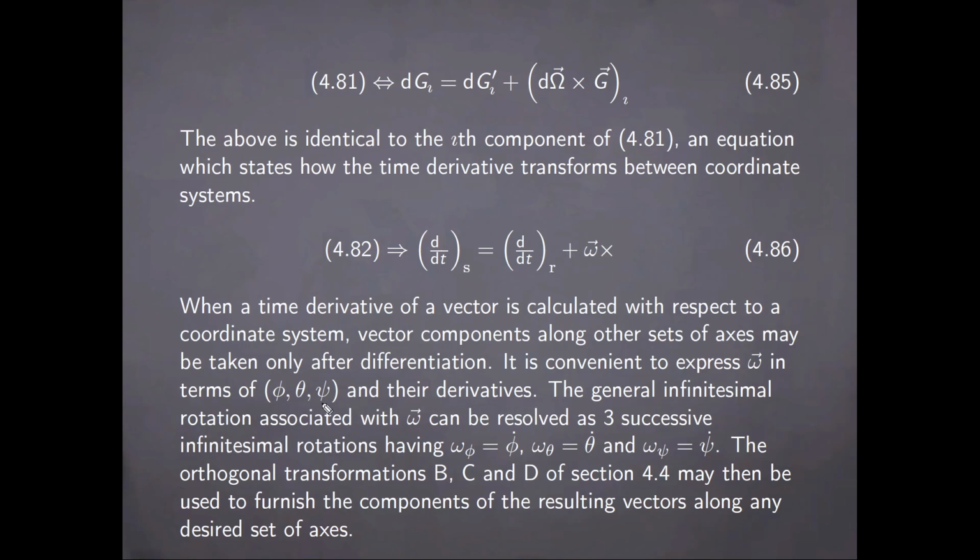The general infinitesimal rotation associated with omega can be resolved as 3 successive infinitesimal rotations having separate instantaneous angular velocities, which are given by the time derivatives of the Euler angles as expressed here. Then the orthogonal transformations B, C, and D of section 4.4 may be used to furnish the components of the resulting vectors along any desired set of axes.